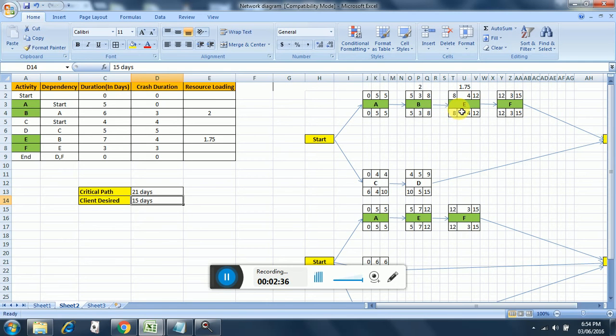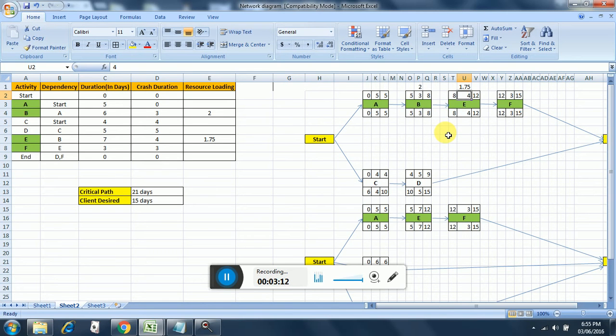Similar case is for E, but here the time duration was 7 days and we already reduced 3 days, right? So the remaining balance was 3 more days, since we needed a reduction of 6 days. So we added resources in the multiple of 1.75, and that brought the time duration to 4. So it's a simple math calculation.